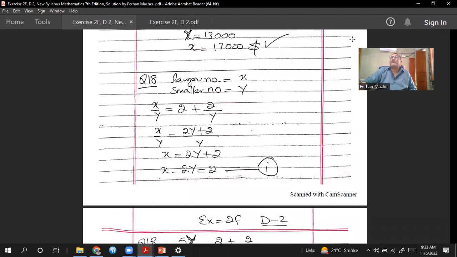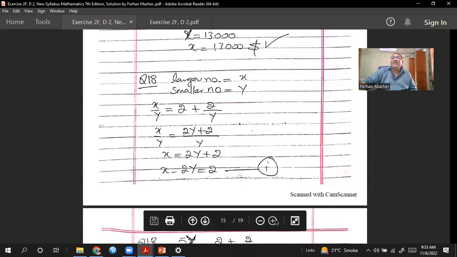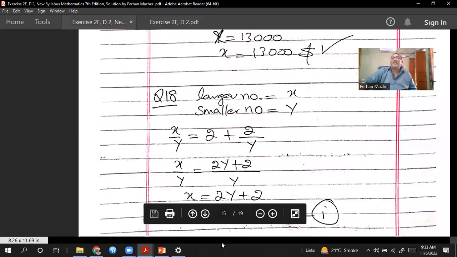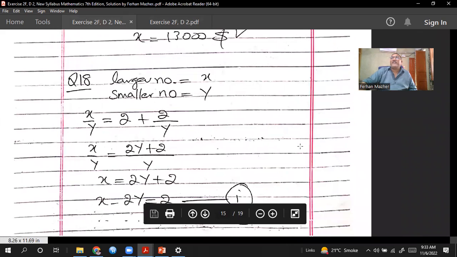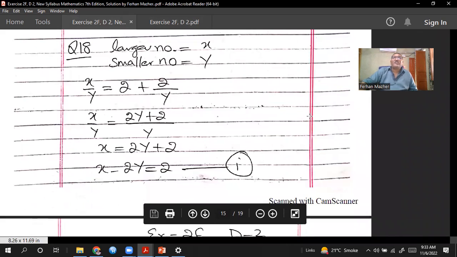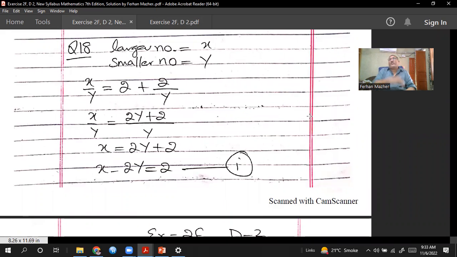This is question number 18 on your screen. The larger number is x, the smaller number is y. When you divide x by y, the quotient is 2 and the remainder is 2.